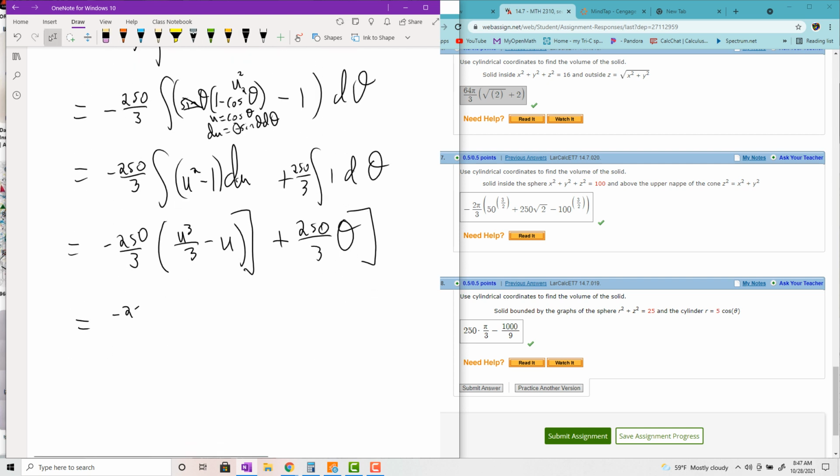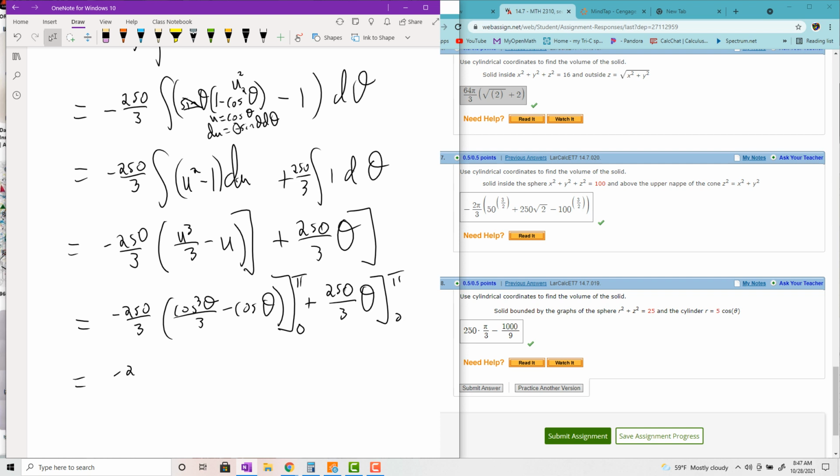So I get negative 250 over 3, back subbing, cosine cubed theta all over 3 minus cosine of theta, evaluated from 0 to pi, and then plus 250 all over 3 theta evaluated from 0 to pi.